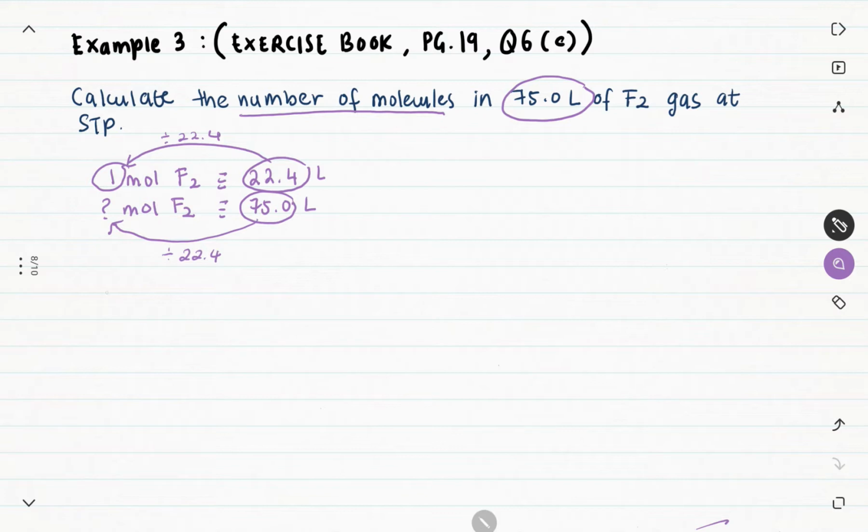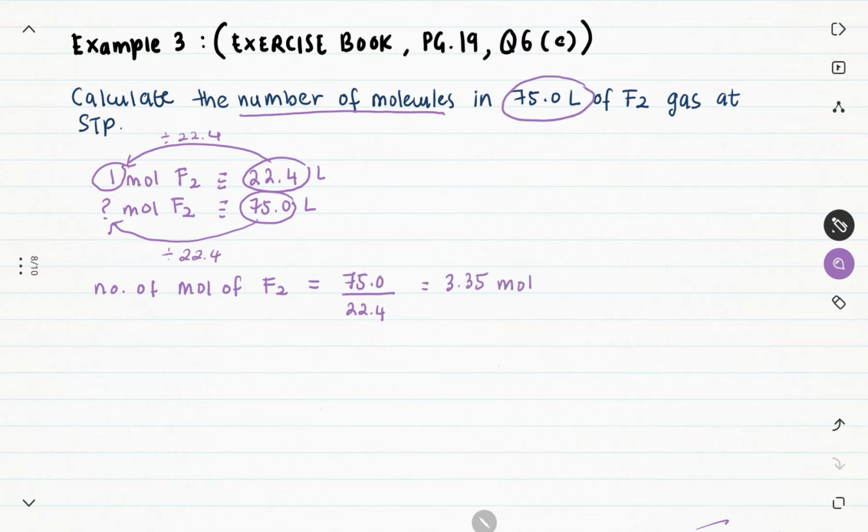So number of mole of F2 equals 75.0 divided by 22.4 liter. So you will get the answer 3.35 mole. Okay, right now you have calculated the number of mole.